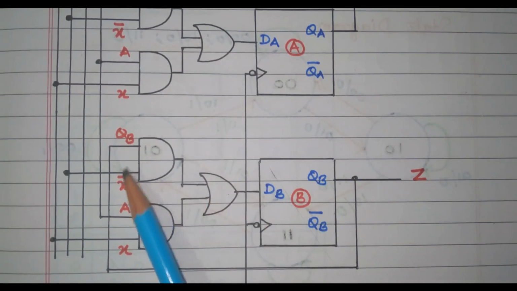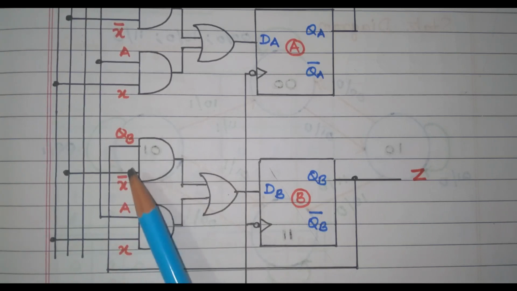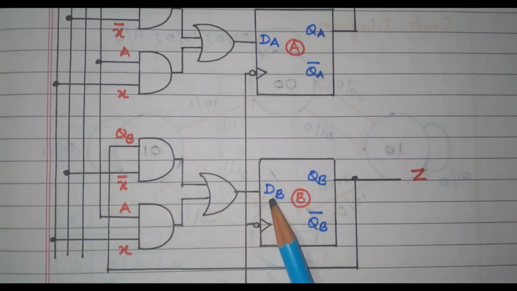So, that x bar QB plus x into A is given as DB. So, we have all the terms available, x bar, A, x, everything is available. The corresponding lines are connected together, so that we got the required input that is given to the DB also. So, the DA and DB inputs are given.